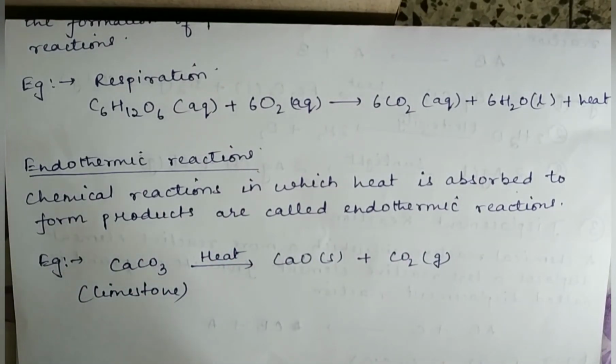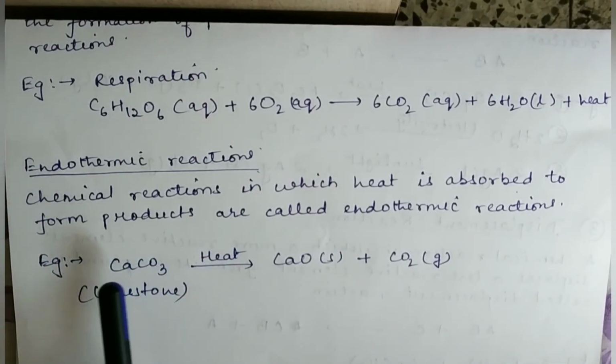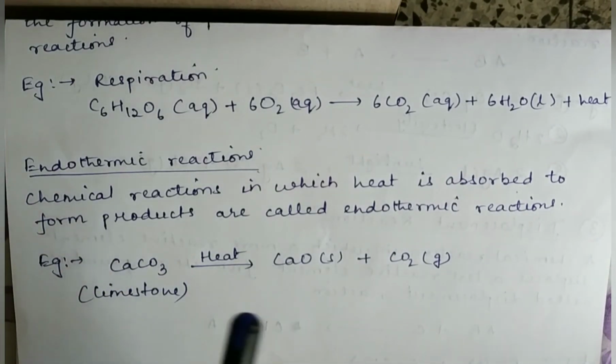And it is also an endothermic reaction. Why? Because heat is being absorbed in this chemical reaction. So this is a decomposition reaction as well as an endothermic reaction. Endothermic reactions are all those reactions in which heat is absorbed by the reactants in order to form products.